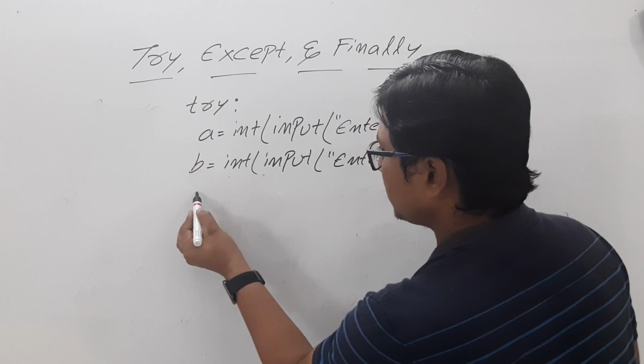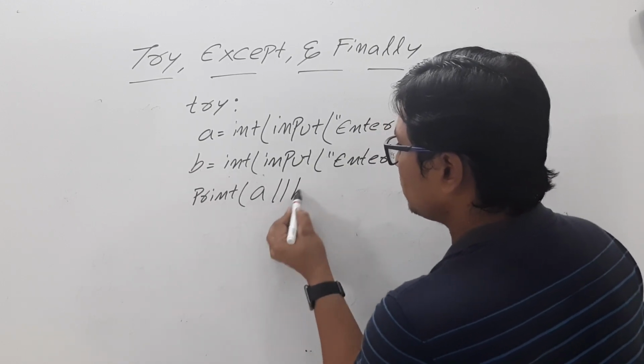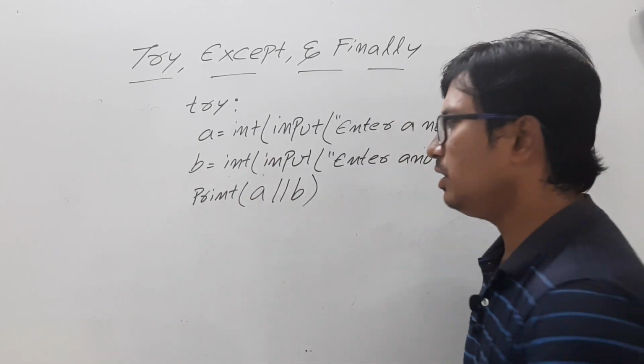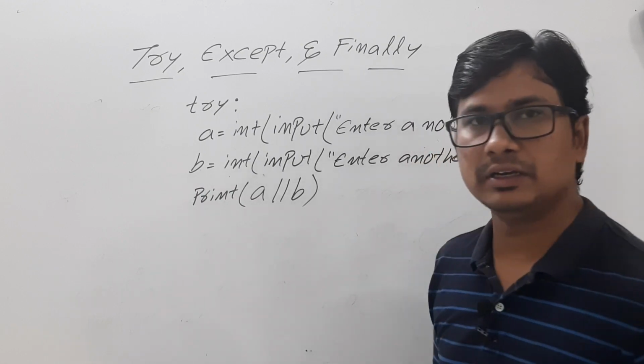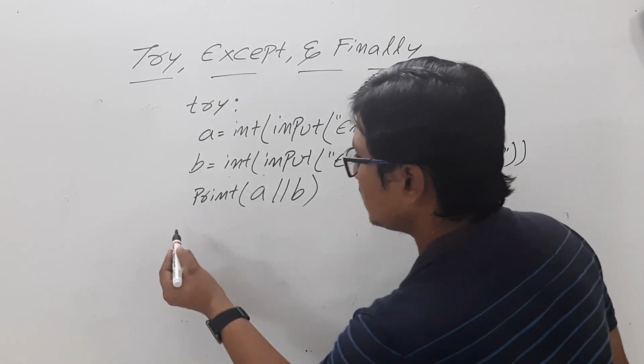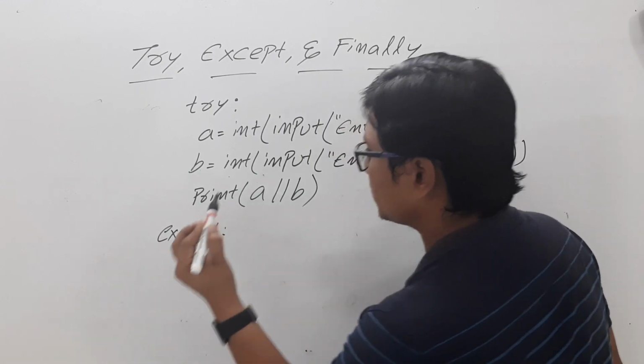Then I am writing print A integer division B, or you can perform the integer division, store it in a temporary variable, and print the temporary variable. And then let's take the except.